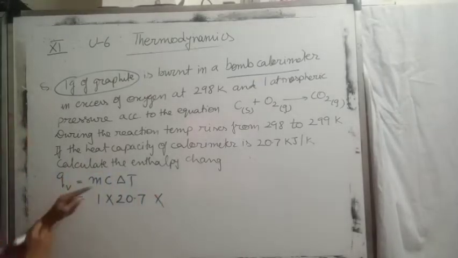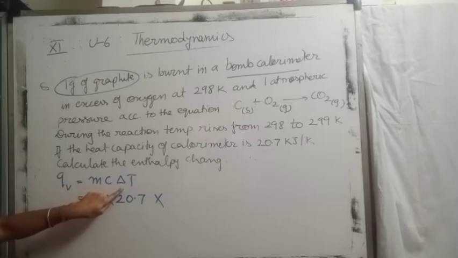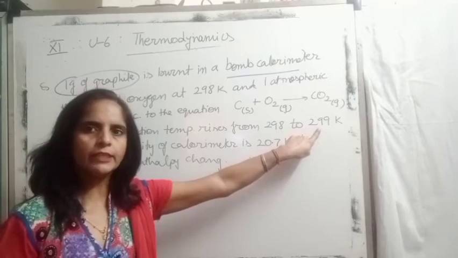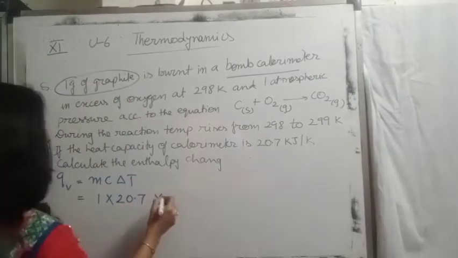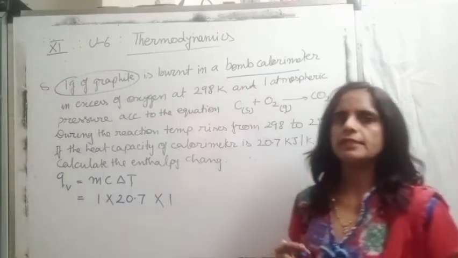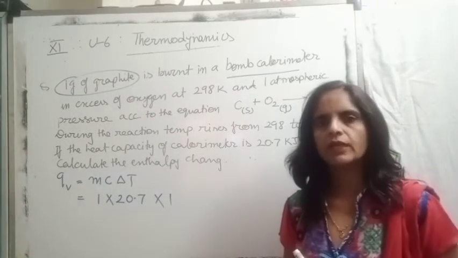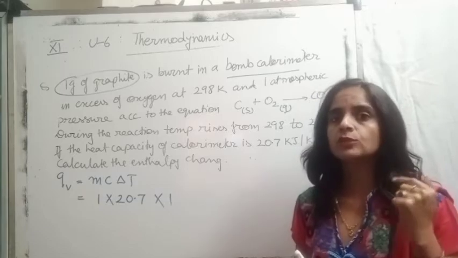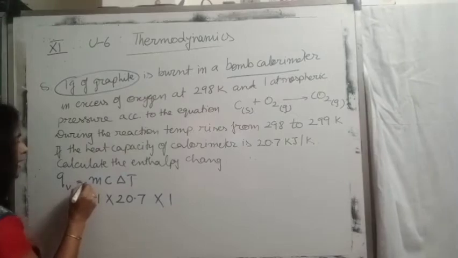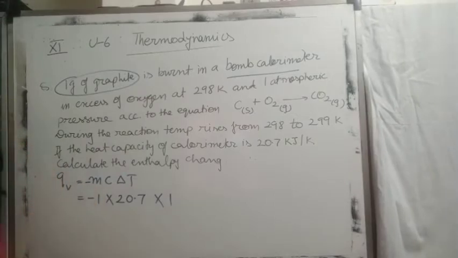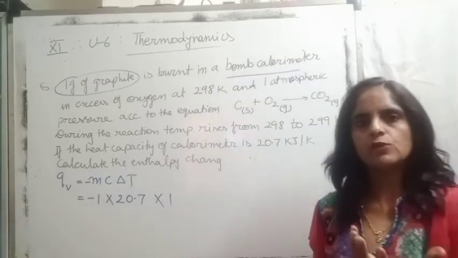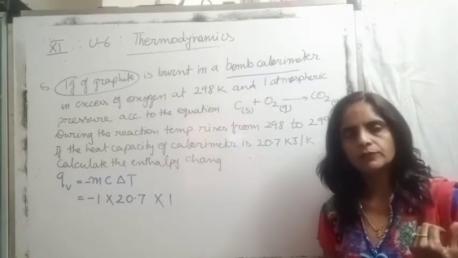20.7. Change of temperature again given to us 298 to 299, that is 1 Kelvin only, T2 minus T1, it's 1. One more thing need to be taken care of here is that as combustion process is given and combustion is an exothermic process, so here minus sign is required because heat released will be negative and absorbed will be positive.